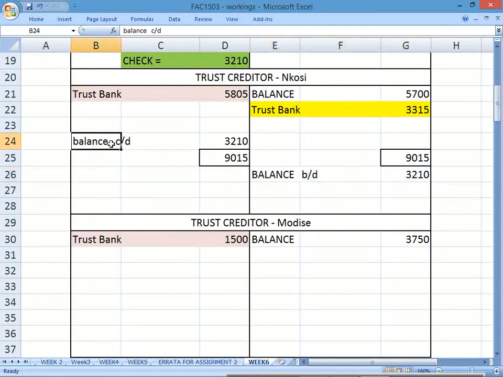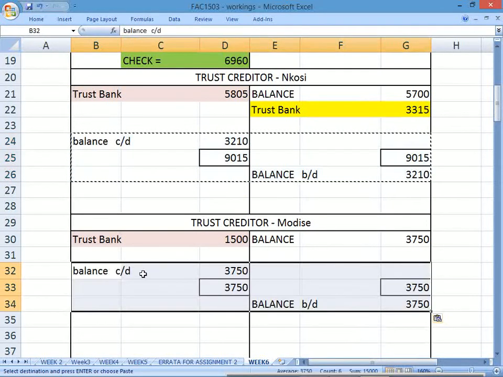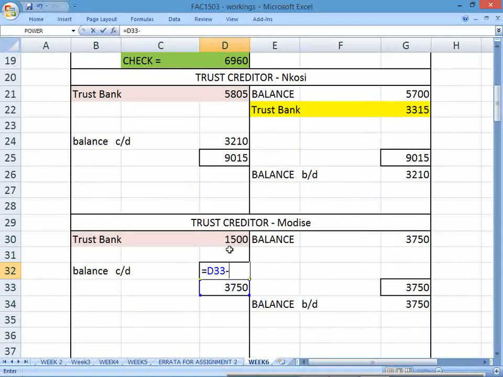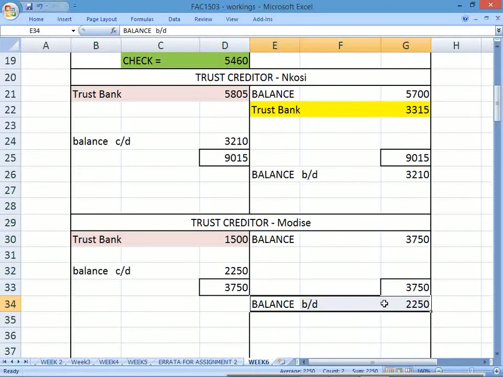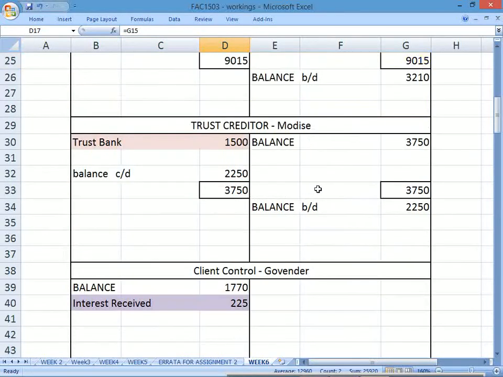Okay, Modise, same thing applies here. Balance that account off. Right, so obviously that side's bigger. That minus this gives you a balance of 225. So again, another client who still has money with the business. So now the balance has gone up to 5,460. Okay, we're getting close.